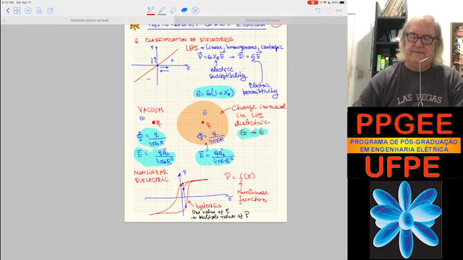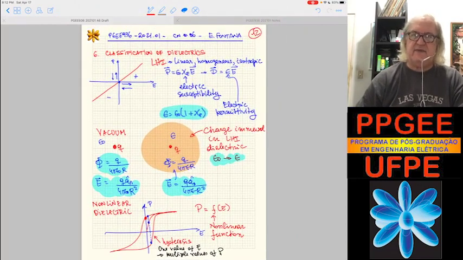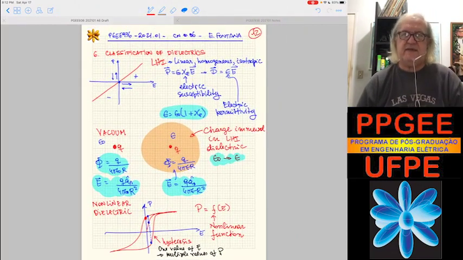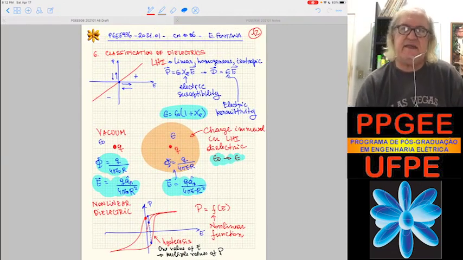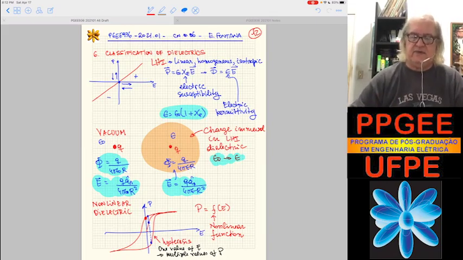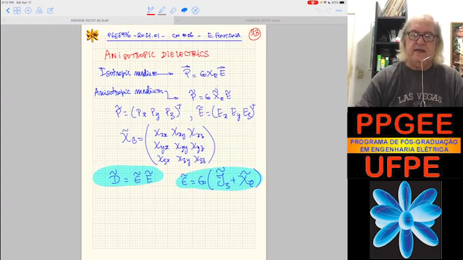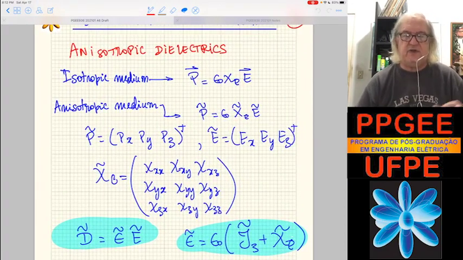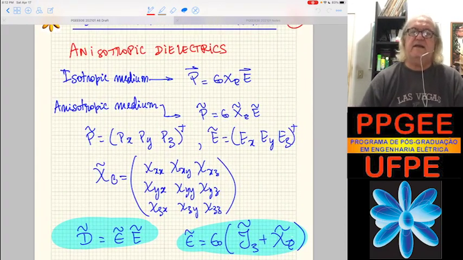And finally, just to quickly discuss this, we're not going to go over the detailed properties of materials. There's an entirely different subject area, solid state physics, right? So I'm just going to talk in general lines here. So it can have isotropic dielectrics.